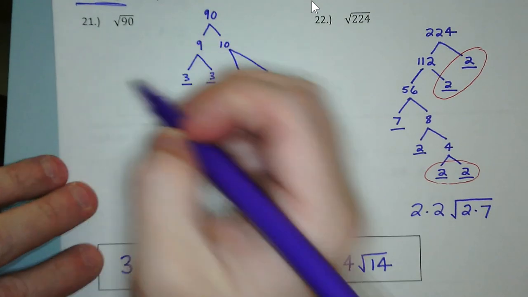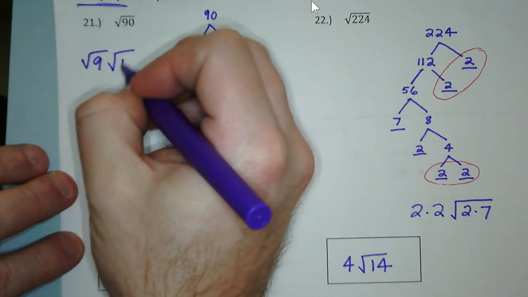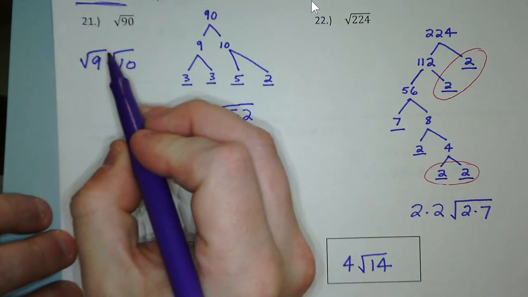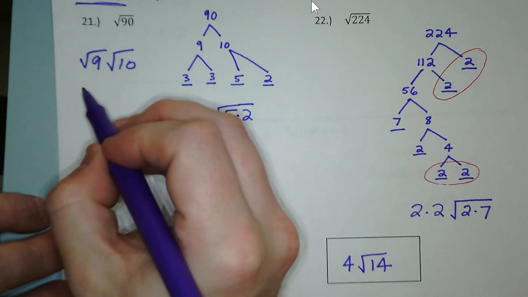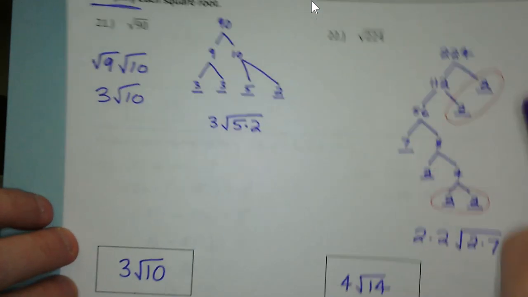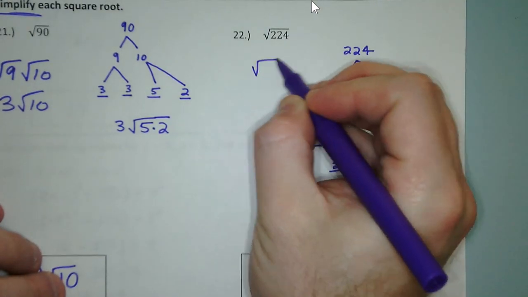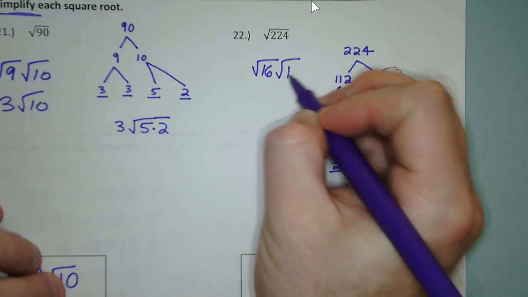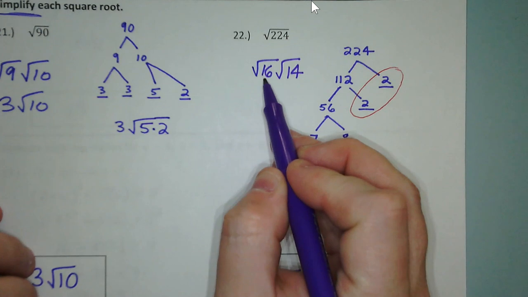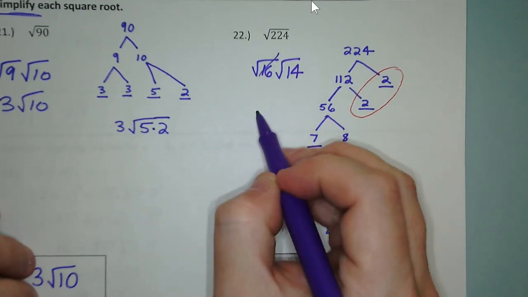Or, if you're doing it more my way, you could have just made one split, because the square root of 9 you can actually do, that's just 3. But the square root of 10, you can't do any more of that. And then here, we could have broken this up just one time into this perfect square and that other number, and then this is really just 4.